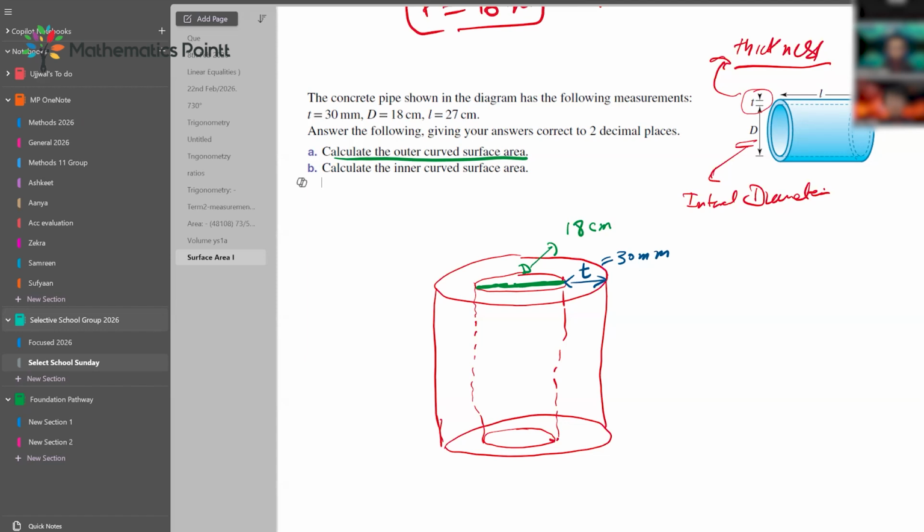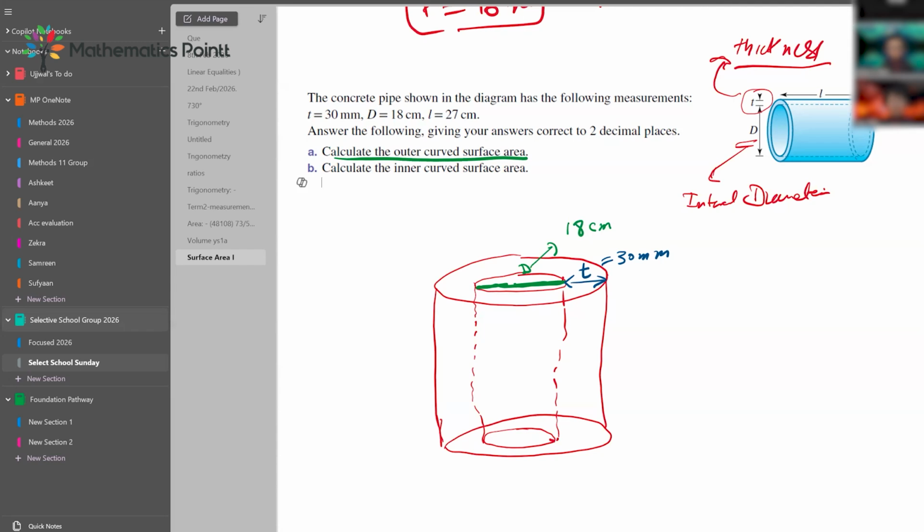It is annulus, yes, in 2D, not donut. Give me the outer first and then the inner. Give me A and B, both.